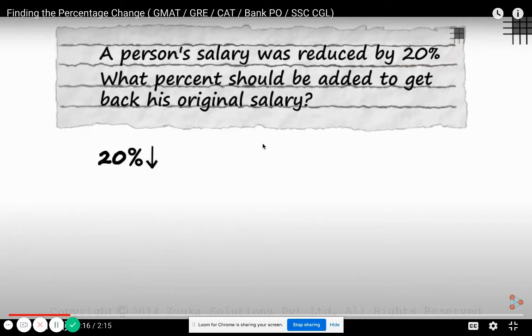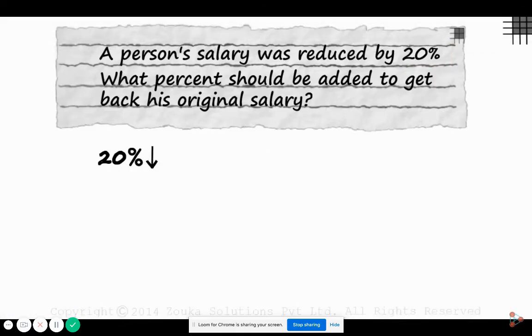Take a minute to answer this. Not 1 minute. Take 10 seconds to quickly think about what you would do. You can pause the video if you want. Now, what percent should be added to get back his original salary? Simple.